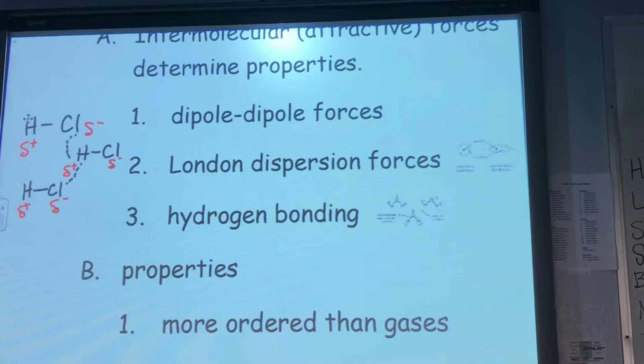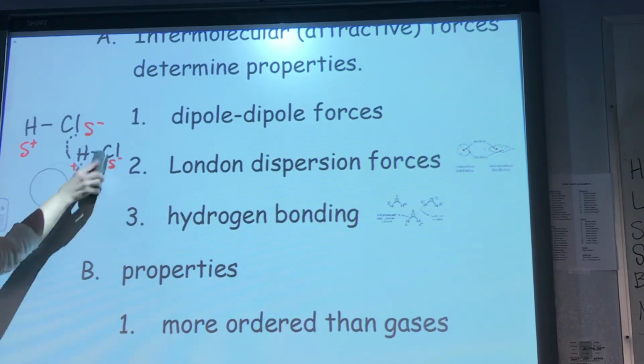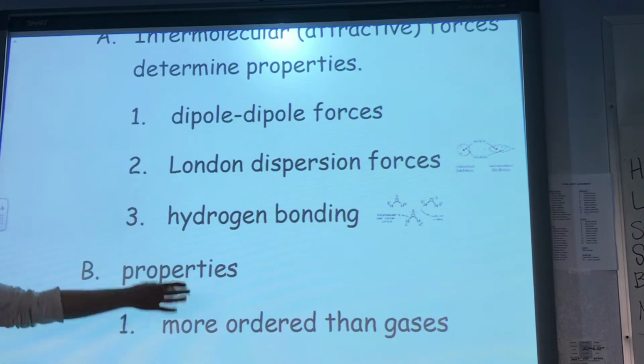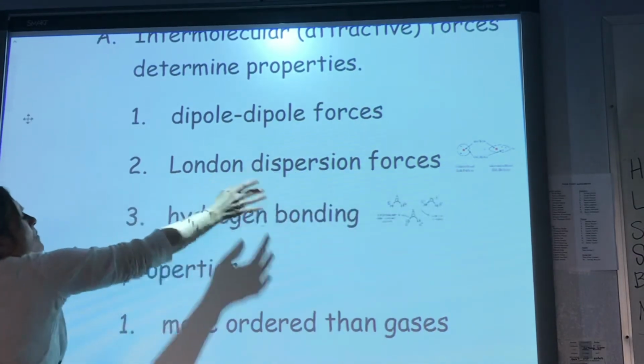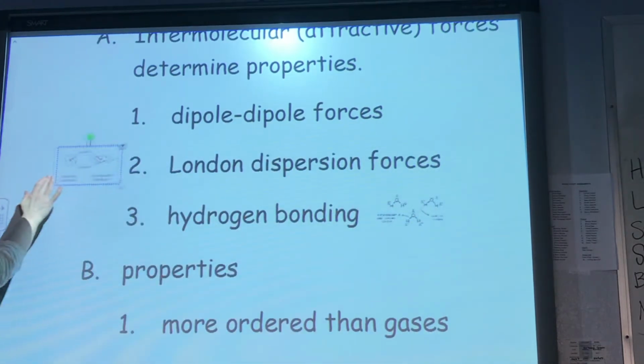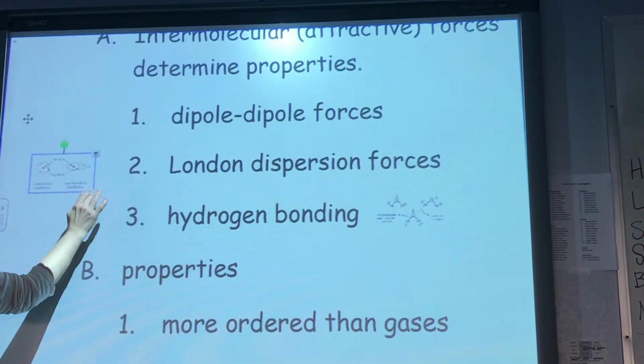London dispersion forces, number 2 here, are quite a bit different. They are much weaker than that, and they are set up within atoms. From what I can tell, and I have read, they're not completely sure that this explains it, but this is the model we're going on now for London dispersion forces.